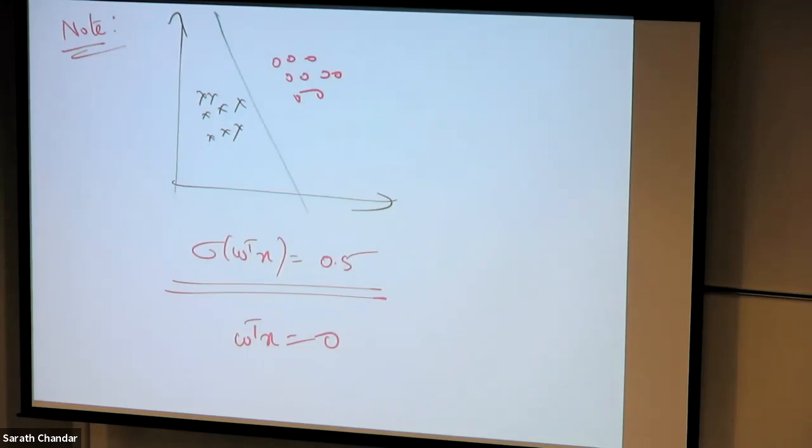So once I find this line, I can continue to update my W and keep on increasing the value of W, because the direction is not determined by the magnitude of W, right? What would normally happen when you are using the maximum likelihood solution of logistic regression with data like this is your W is going to just keep on increasing after you find the solution, okay?